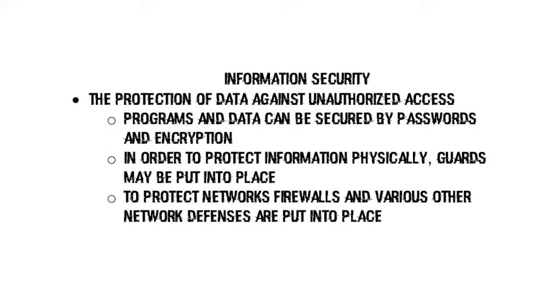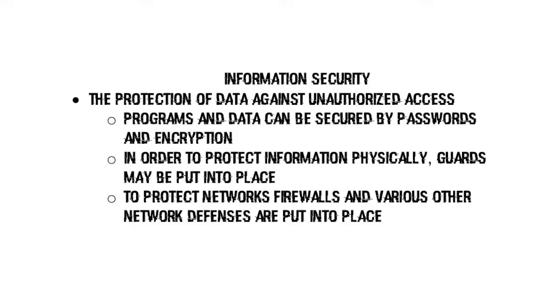So we move on to the next page, and we were saying information security is the protection of data against unauthorized access. We kind of went over quickly how programs, applications, and operating systems can be secured by passwords and encryption.